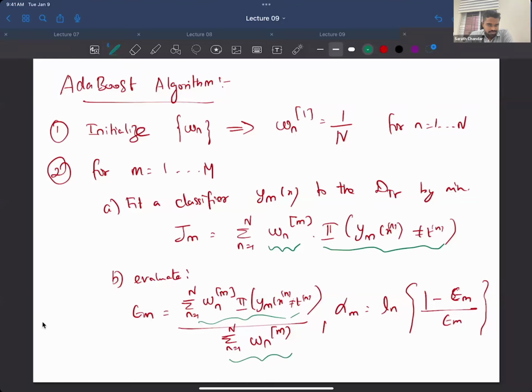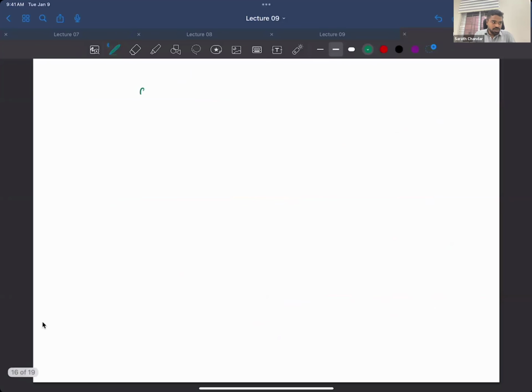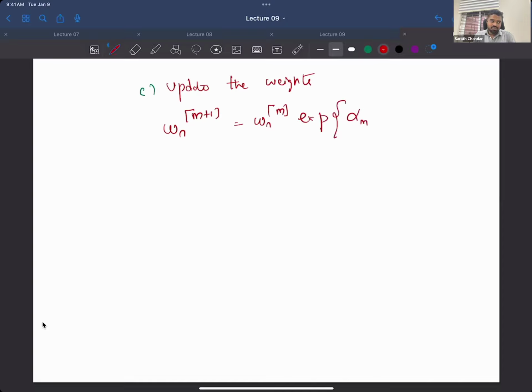Is that right? Okay. Let's take these two things for granted right now. I'll tell you how to derive these things. So once I have these things, then I'm going to update the weights. So w_n^(m+1) is given by w_n^m times exp of alpha m times the indicator of y_m(x_n) not equal to t_n.